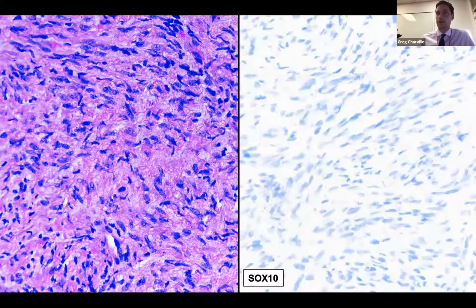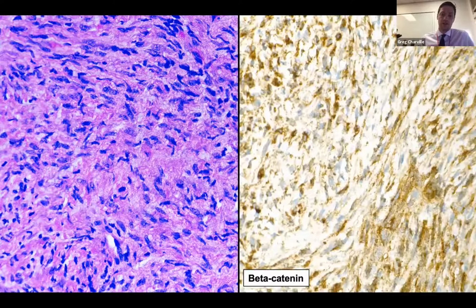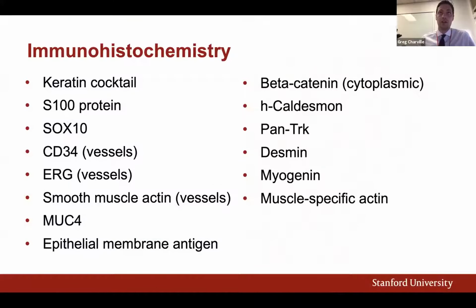SOX10 was negative, arguing against a peripheral nerve sheath neoplasm. And then beta-catenin by immunohistochemistry showed a cytoplasmic, non-nuclear distribution, providing no support for Wnt beta-catenin signaling activation in this tumor. So those are the images that I'll show you, but this was a panel that was performed.